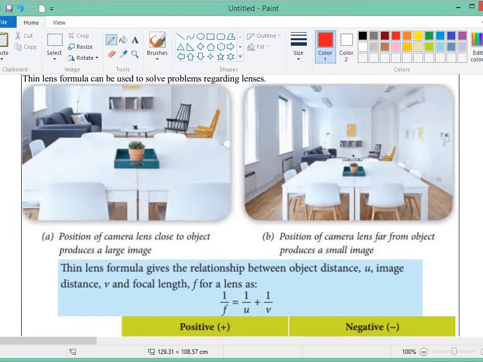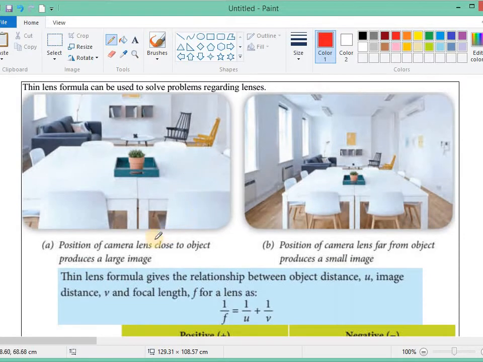For example, here it says that position of camera lens close to object produces a larger image. So if we want to produce a larger image, we can move the lens closer to the object. That means we make the object distance smaller, then we can make the object look bigger. But how do we know that?